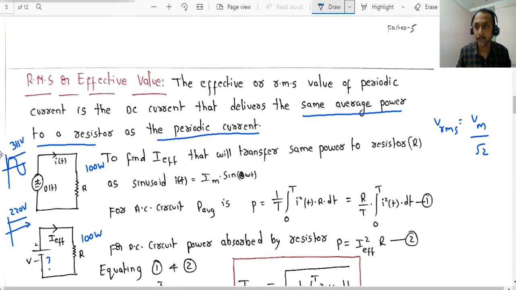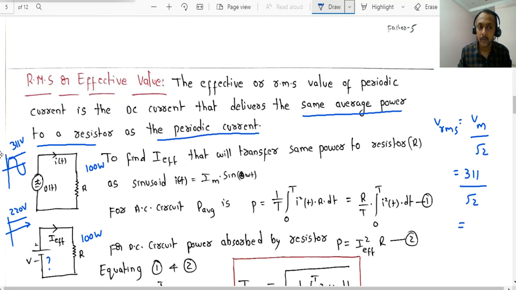That is the meaning. Vm is already known, 311, divided by root 2. That much DC you have to apply to deliver the same average power to the resistor, the same 100 watts. Like that you have to understand.